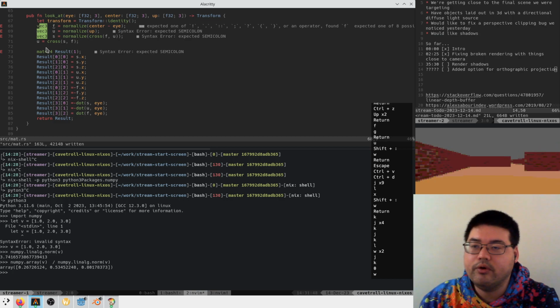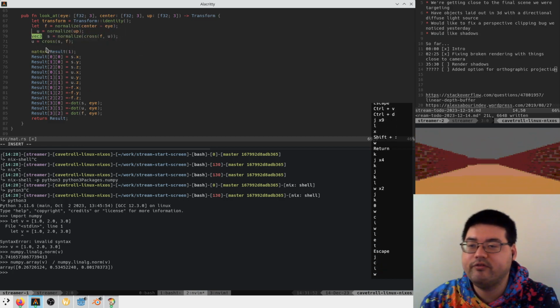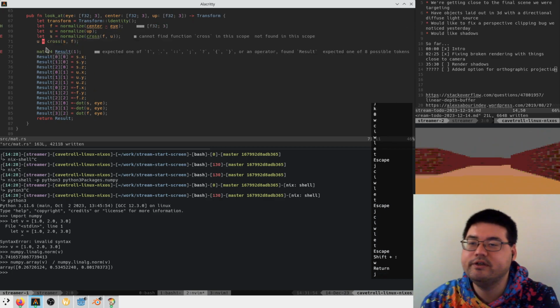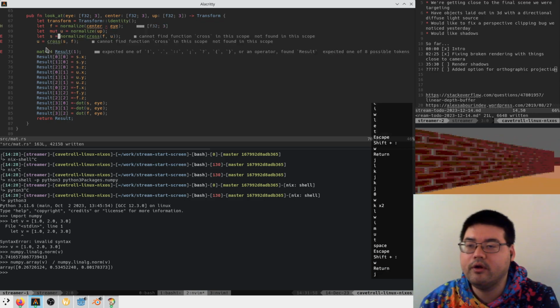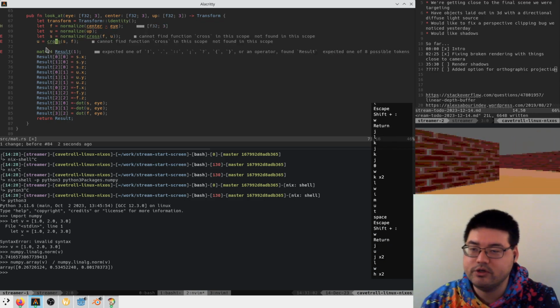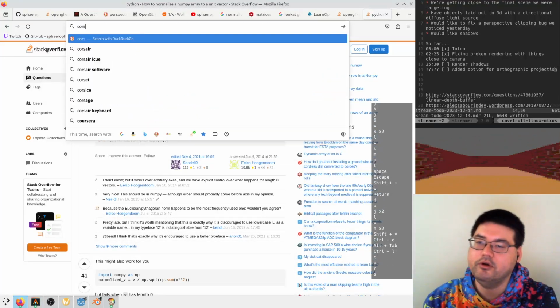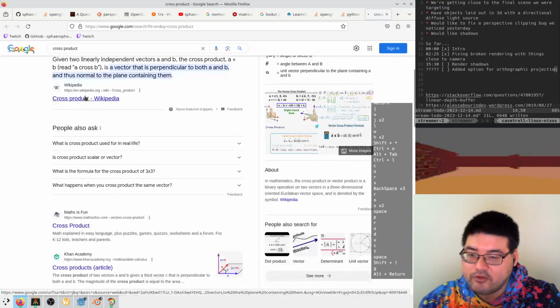So now we can say let f, let u, let s. U has to be modified, so there's no cross product here, so you have to implement that too. And I don't remember the math here. I haven't looked this up for a while.